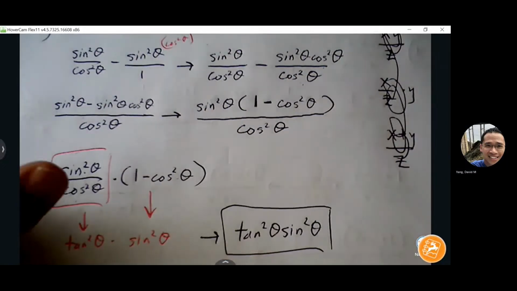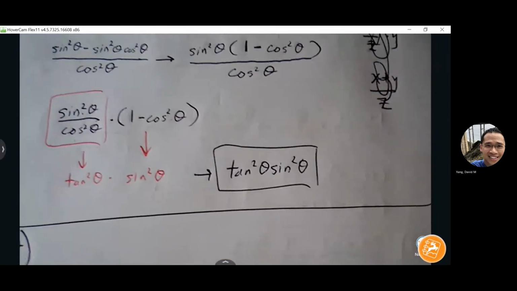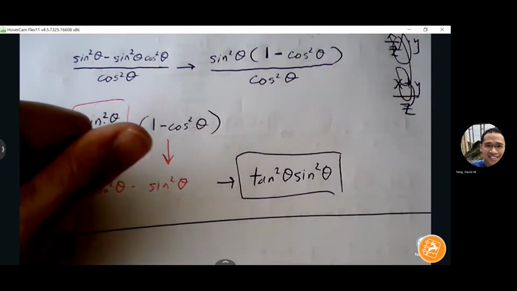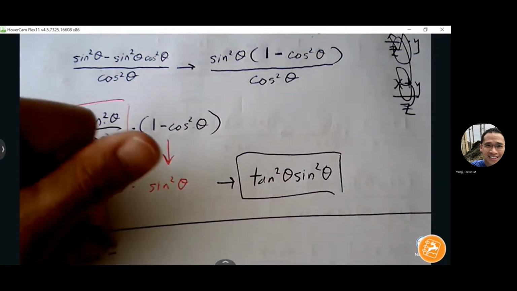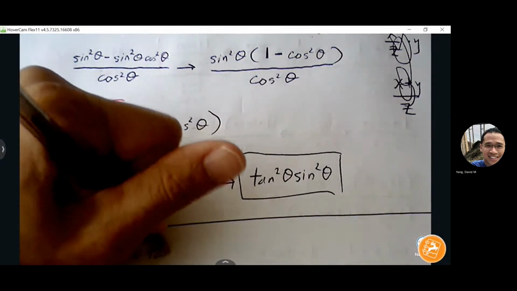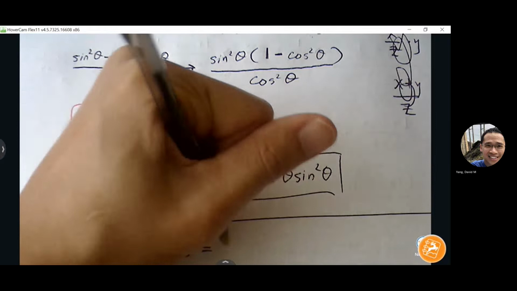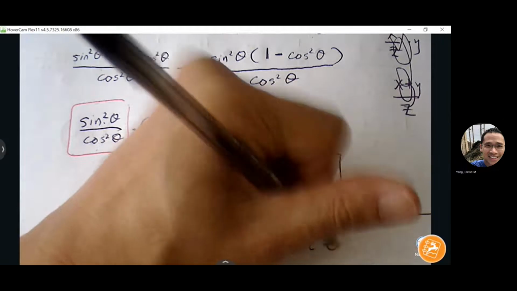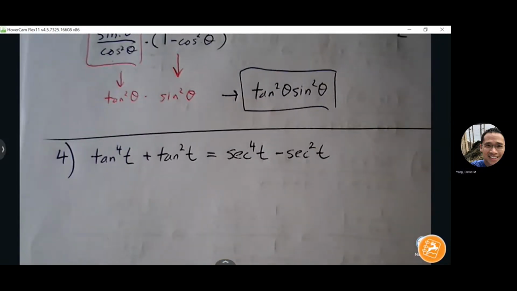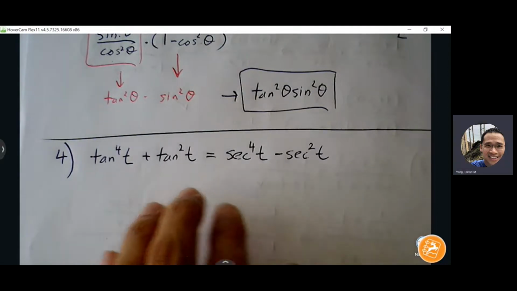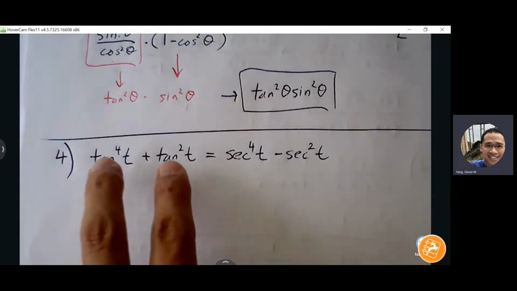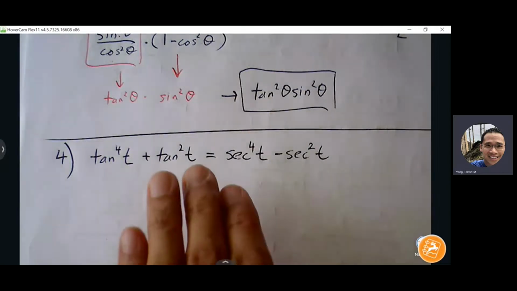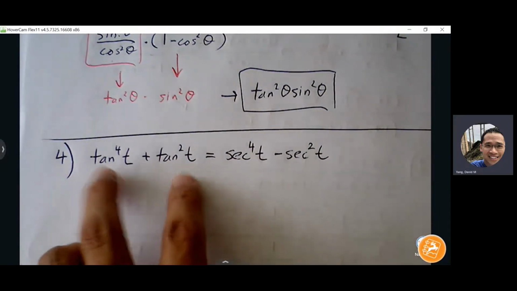Okay, number 4. I know that the tangent doesn't quite look like secant yet, but let's think in terms of getting this to a different form first.